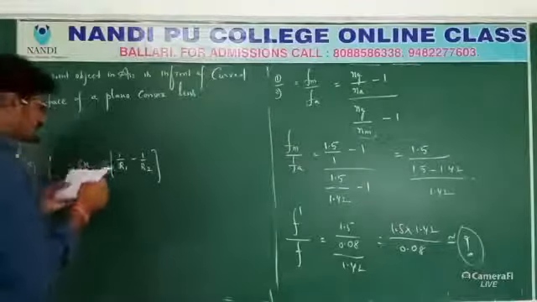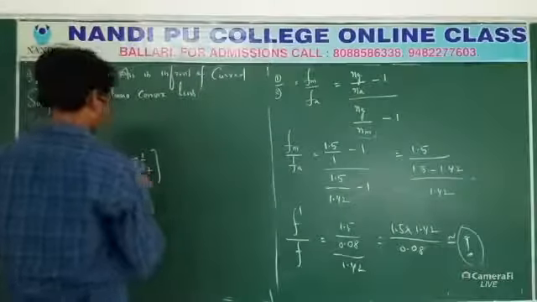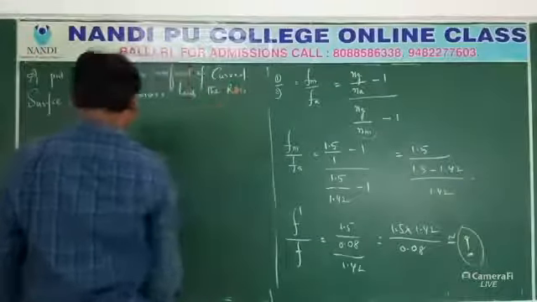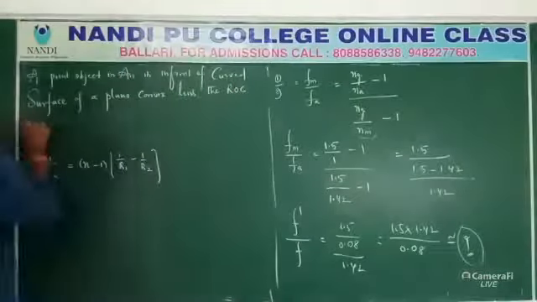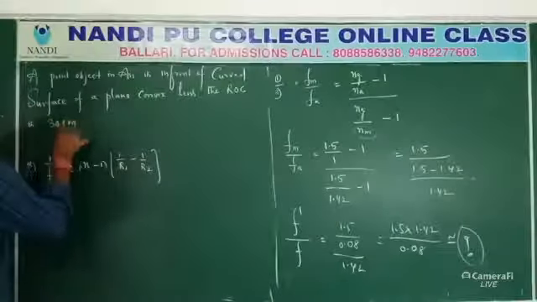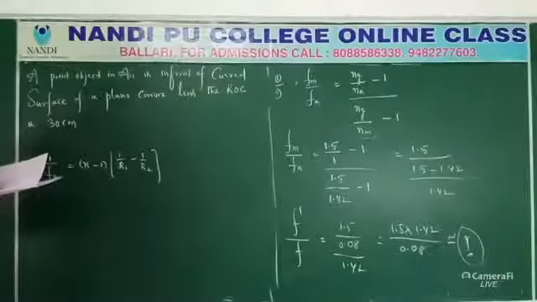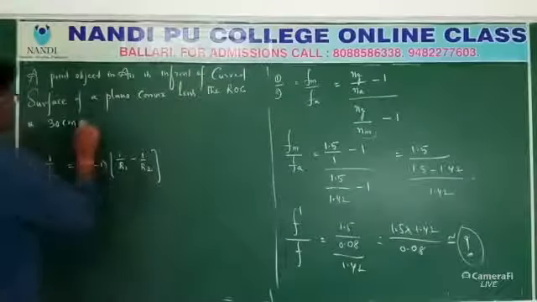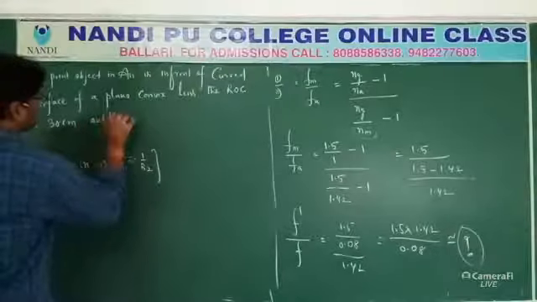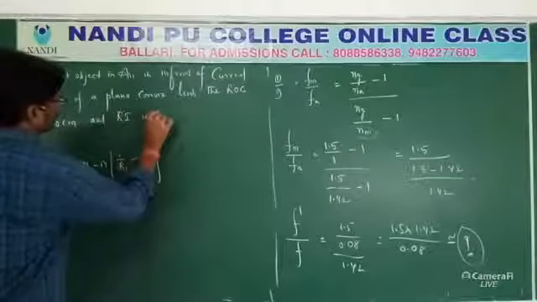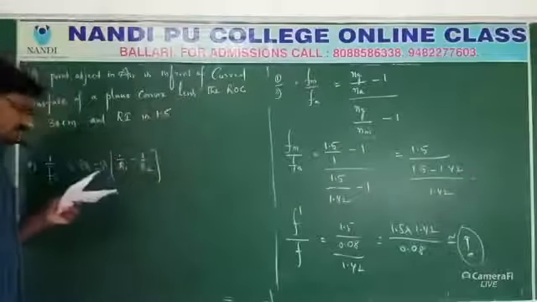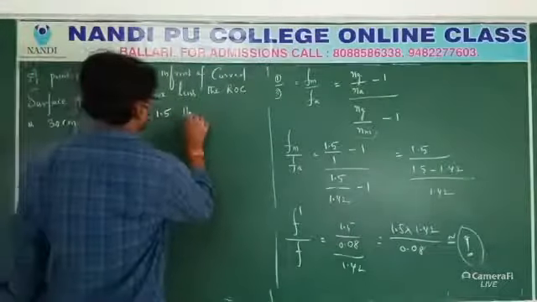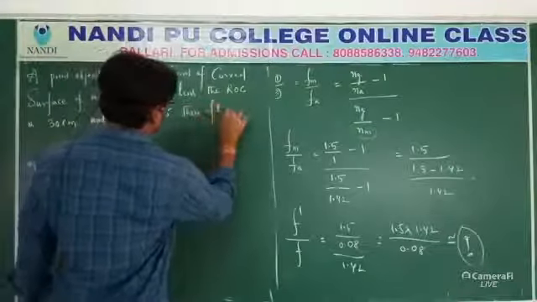The radius of curvature of the surface is 30 centimeter, and the refractive index of the material of the lens is 1.5. Then the focal length of the lens is?